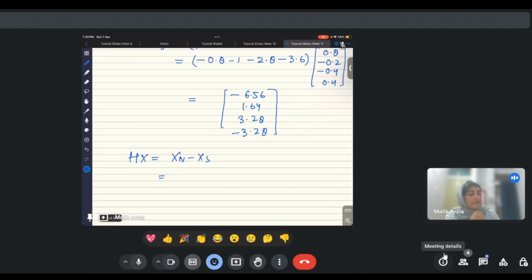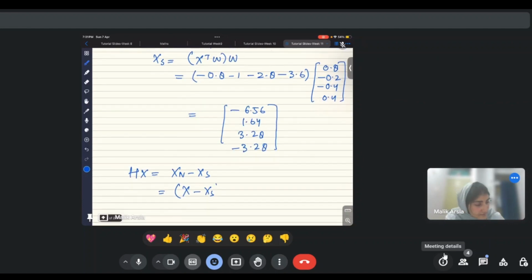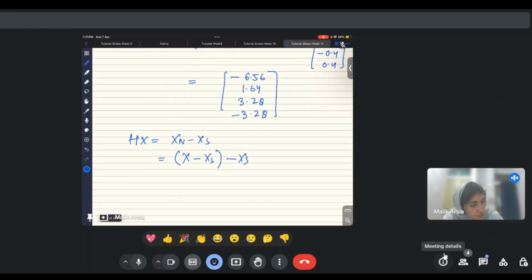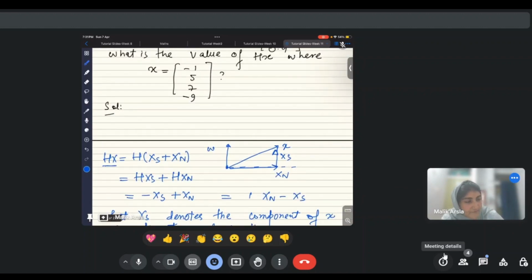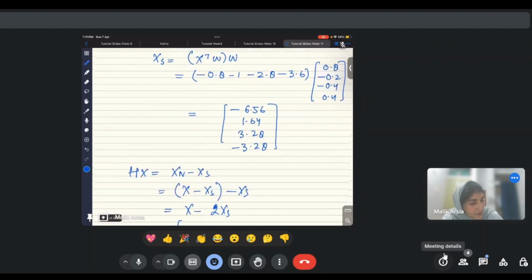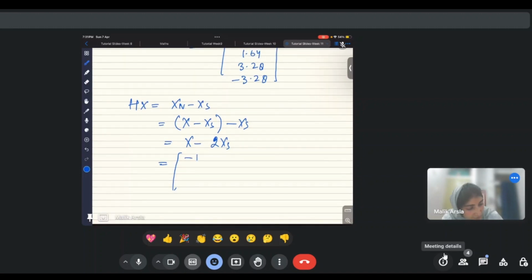How will you get xn? xn is simply x minus xs, right? So Hx will be x minus 2xs. Now x has been given in the question: minus 1, 5, 7 and minus 9.